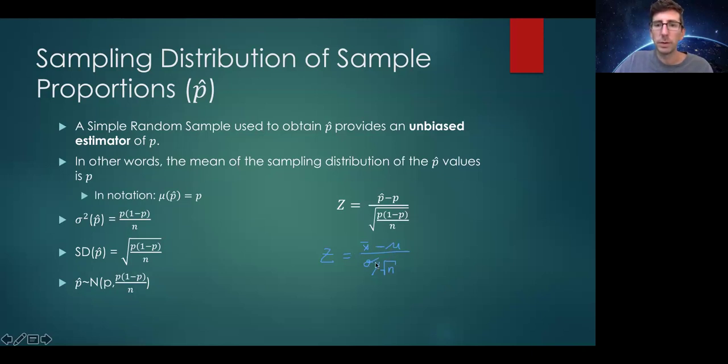And then instead of dividing by the standard deviation over the square root of n, we're now just dividing by the standard deviation of our sample proportions, which is this square root of p times 1 minus p over n. Okay, so these are still normal distributions, so we can still use and calculate z values, right, to find the area under those normal curves.